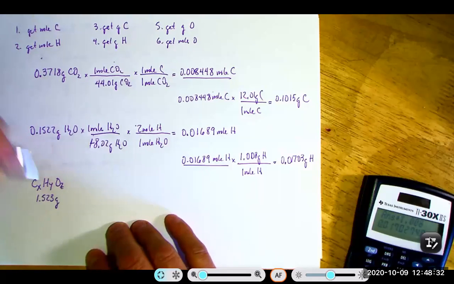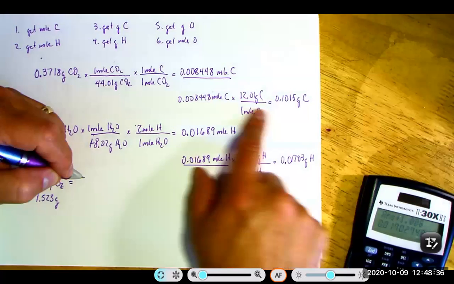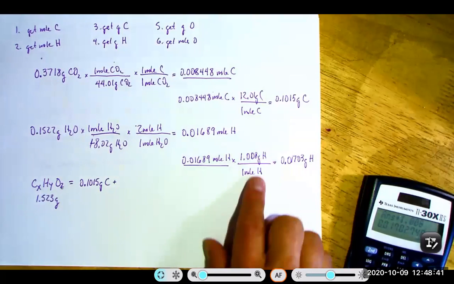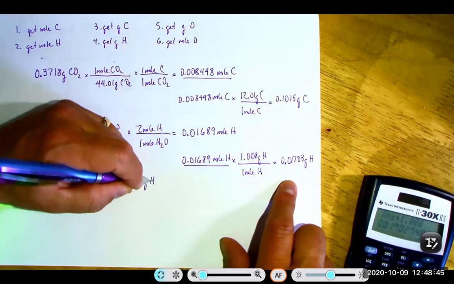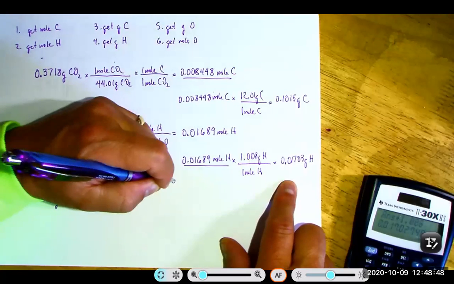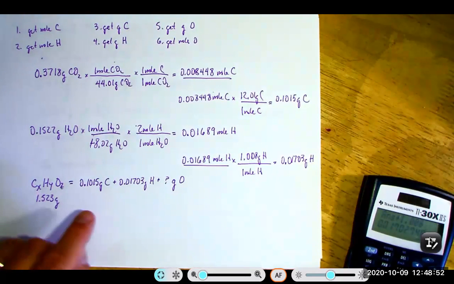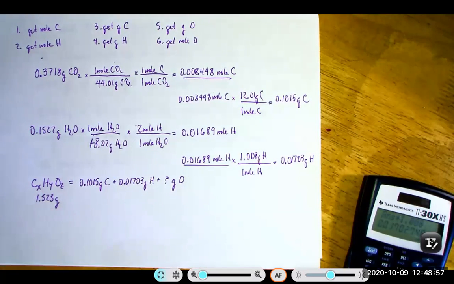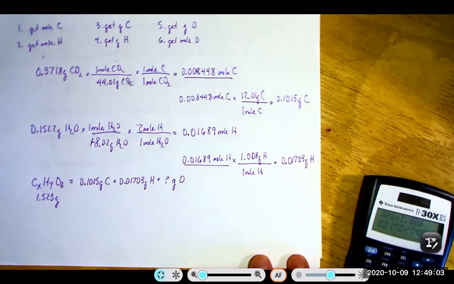And we know that this thing has 0.1015 grams of carbon. We know it has 0.01703 grams of hydrogen. Well, can we figure out how many grams of oxygen it has when we have these two masses and we know that the total mass is 1.523? And the answer is sure. It's the difference between this and these two numbers. So let's see what that is.